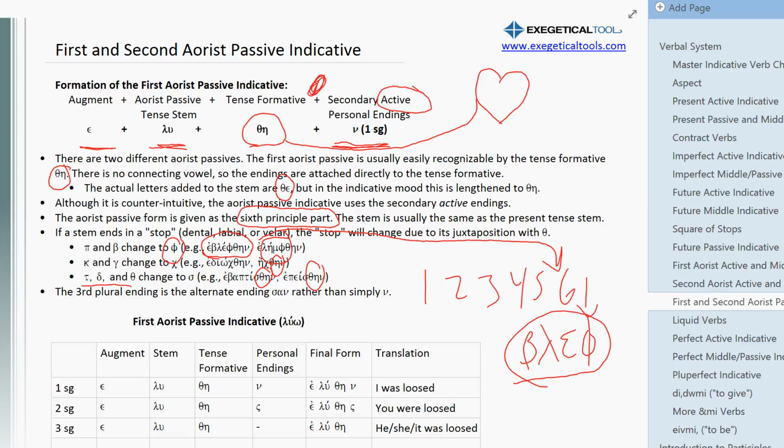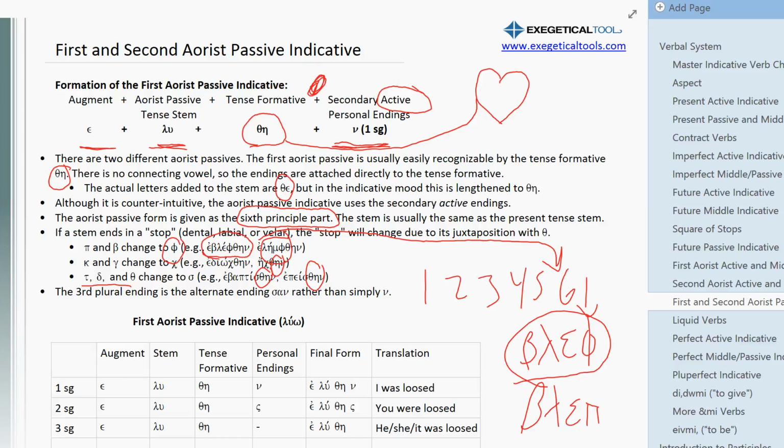But that's only going to tell you the aorist passive stem. So in this case, the aorist passive stem just happens to be blep, like the present tense stem changes to a phi before the theta eta. But other verbs have quite different aorist passive stems, like ago, ankhthane, like that.